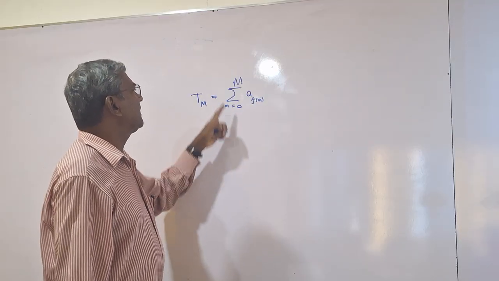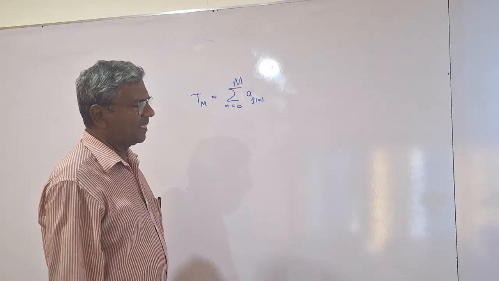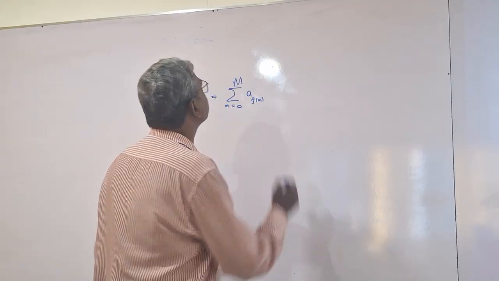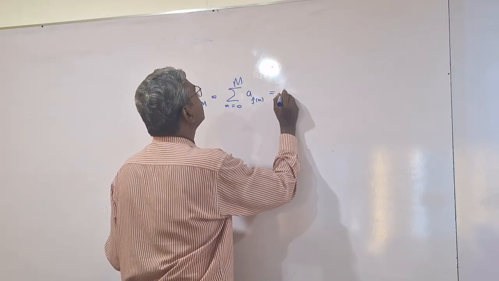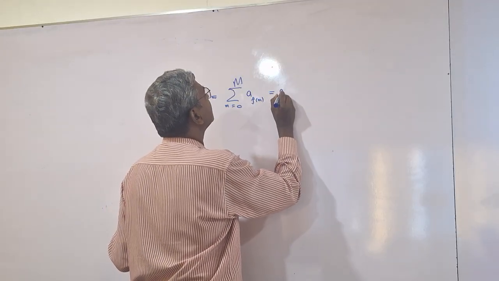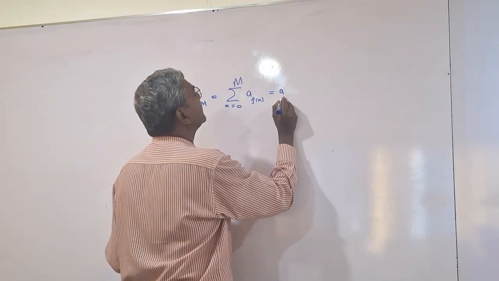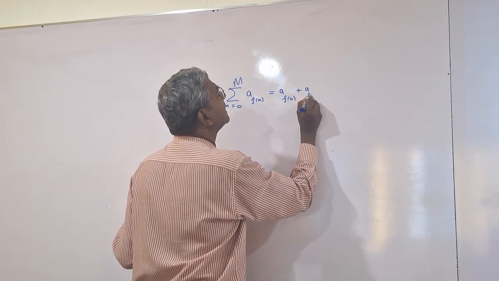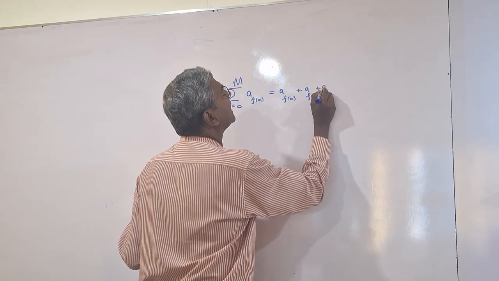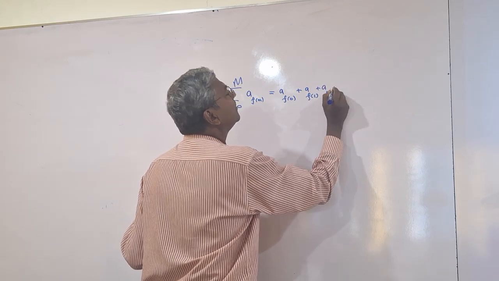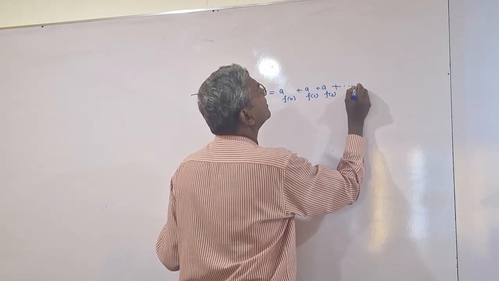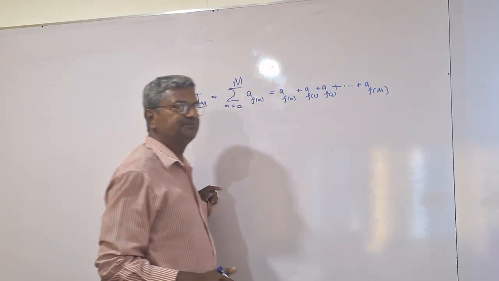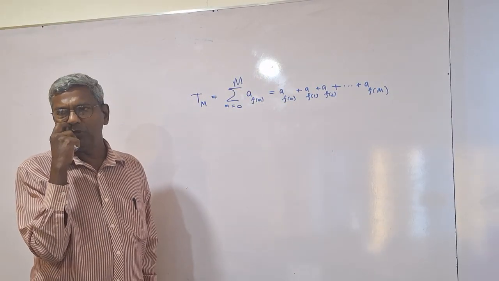Here, capital M plus 1 terms of sigma AFn series. What is this actually? If you put M equal to 0, you get AF0, then AF1, AF2, bingo, AFM. This is equal to Tm, no?